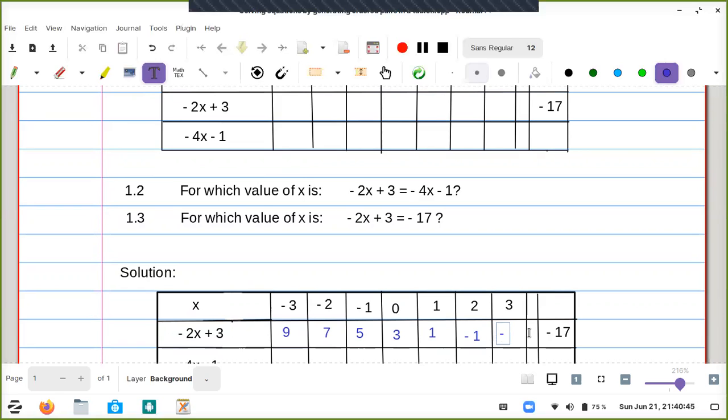Now, here, I cannot continue with the pattern here because if you can just check here, if you subtract 2 here, you are going to get negative 5. So it means the pattern that we were using here doesn't apply here now. Why?